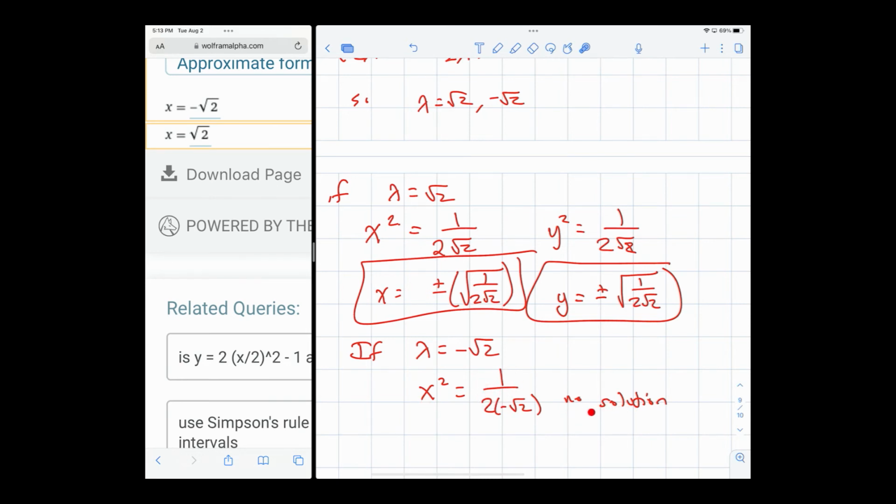So that has no solution, and same thing for y. So we just have these x and y values.